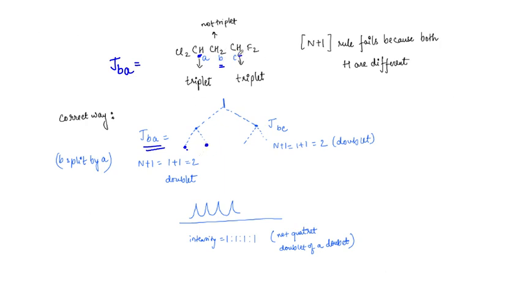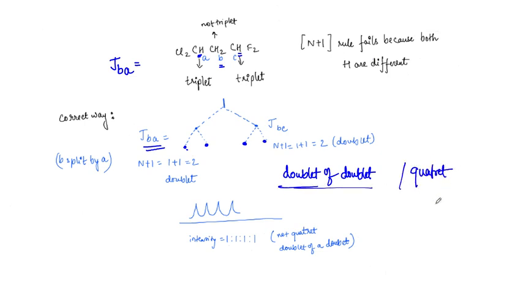Similarly, C protons are splitting this proton into a doublet like this. So basically we get a doublet of a doublet. This is the differentiating factor. There is a huge difference between a doublet of a doublet and a quartet.